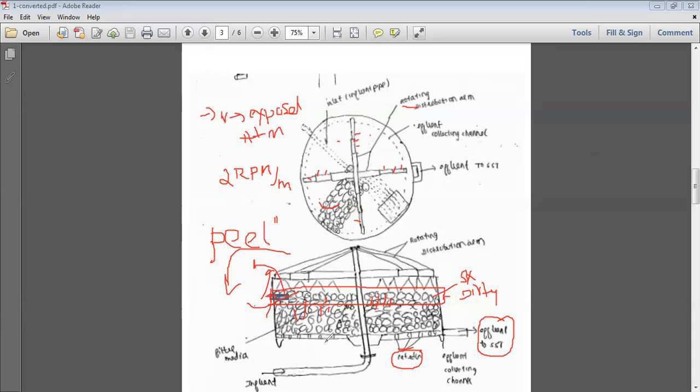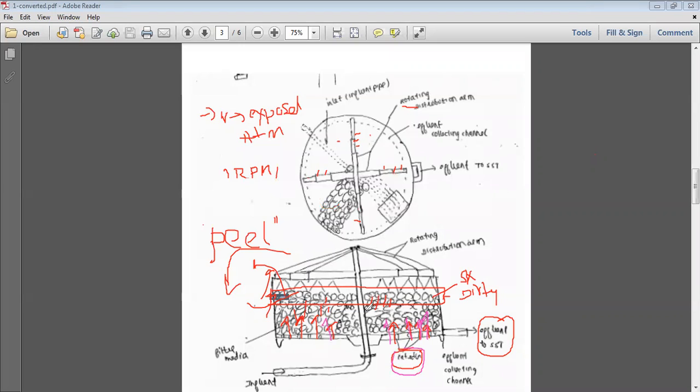With these laterals, the flow of pure water is reversed. This whole term is called laterals.